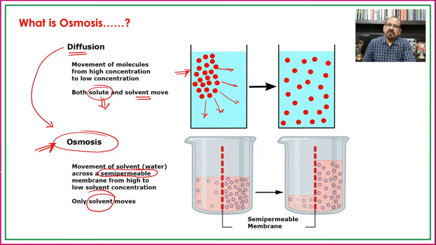Now let's see the definition. The transport of solvent particles or molecules from the region of lower concentration to the region of higher concentration. See the difference. Solid particles move from the region of higher concentration to lower concentration in diffusion, while solvent particles in osmosis move from the region of lower concentration to the region of higher concentration.